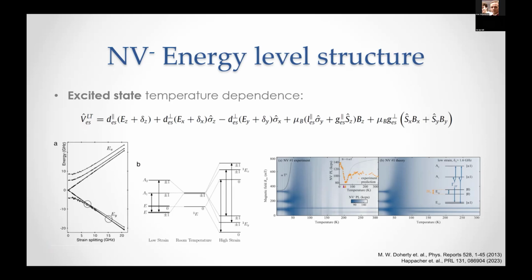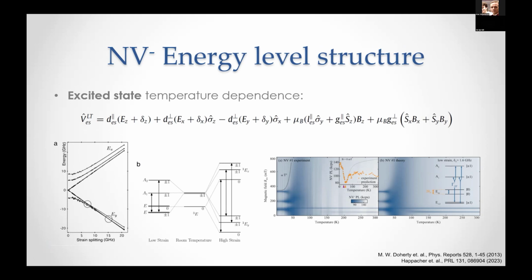This is the scenario that we'll encounter at room temperature, and it's an extremely useful and simplified scenario that allows us to, for example, retain the spin degree of freedom in most optical cycles. If you induce that higher strain into the system, you can actually reach a point where you're splitting these orbitals very nicely, as opposed to the low strain, low temperature scenario, and you can really see the separation between these two orbitals and the spin degrees of freedom, spin triplet in each one.